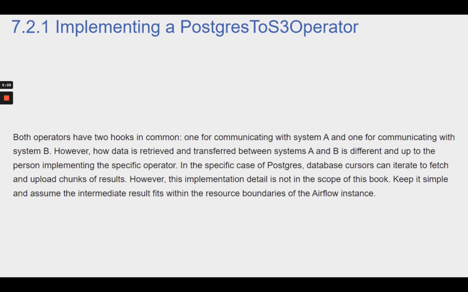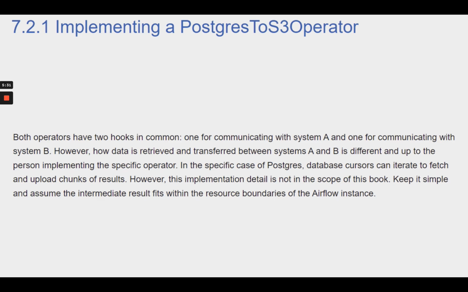Both operators have two hooks in common, one for communicating with System A and one for communicating with System B. However, how data is retrieved and transferred between systems A and B is different, and up to the person implementing the specific operator. In the specific case of Postgres, database cursors can iterate to fetch and upload chunks of results.